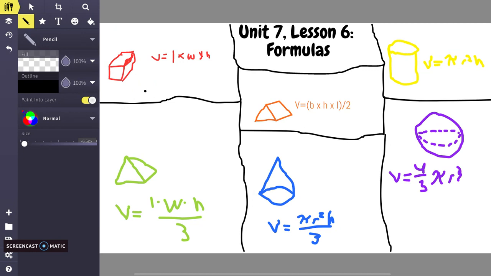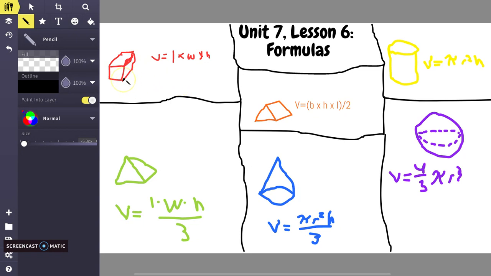So first for this red figure, hopefully you know what it is. It's a rectangular prism because it has rectangle bases, as well as possibly squares, but it has rectangles. So the volume is length times width times height.